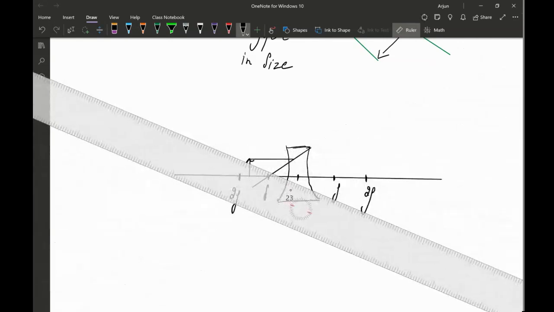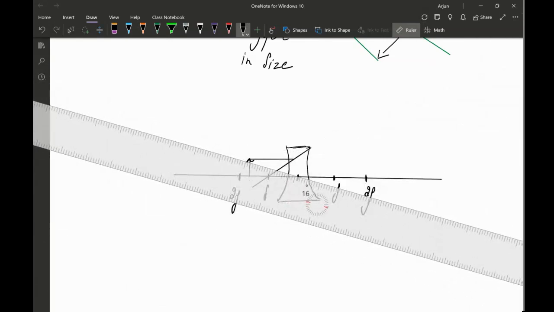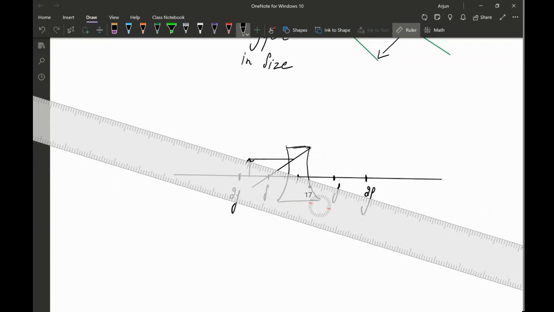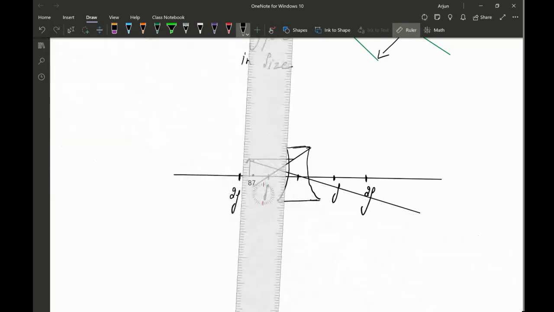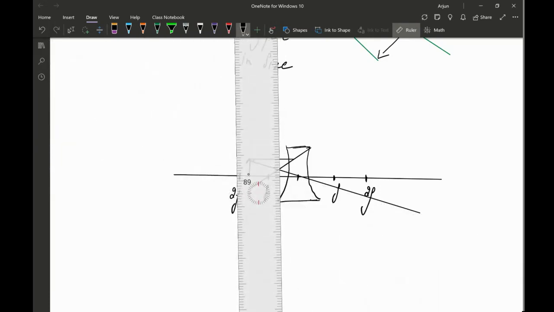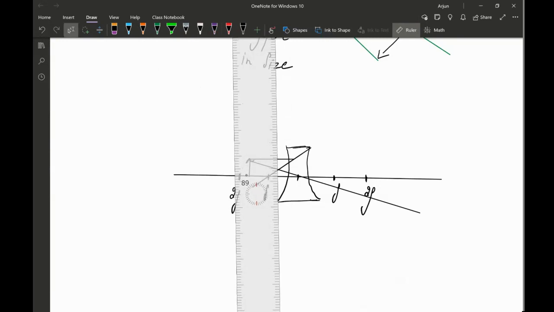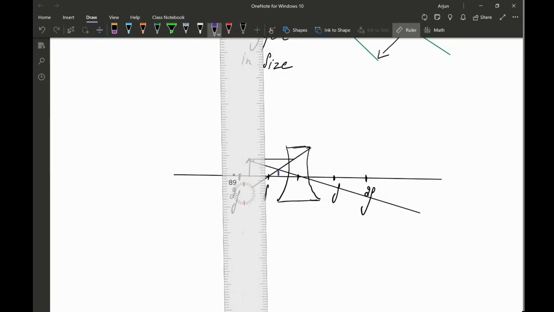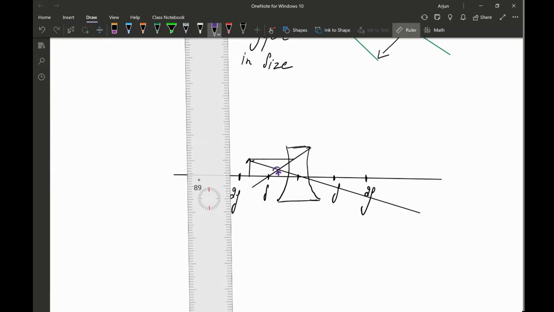And the second ray will pass through the vertex. Where these two rays meet, I'll draw the image at that point. So this is where these two rays are meeting. I'm going to draw the image here. So I can clearly see this is smaller in size and a virtual image.